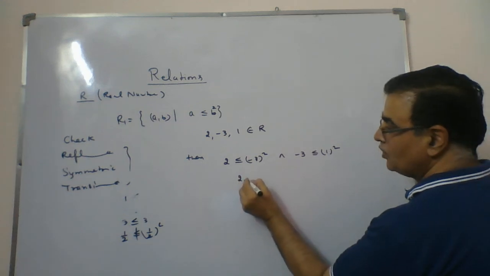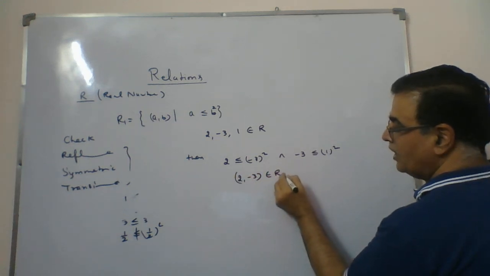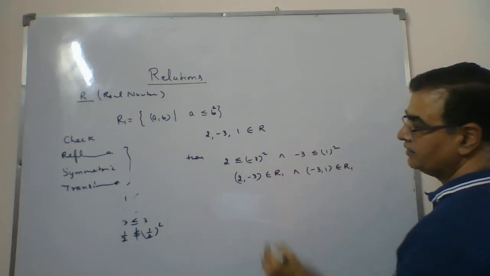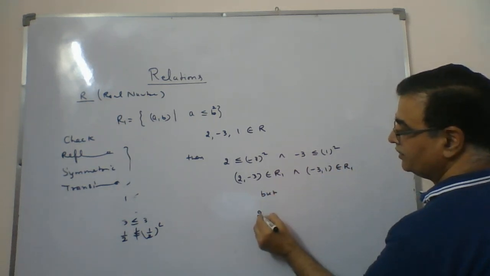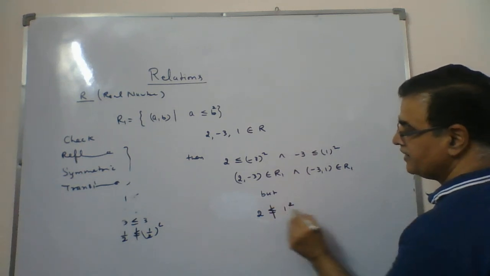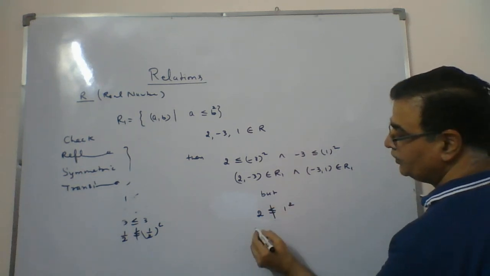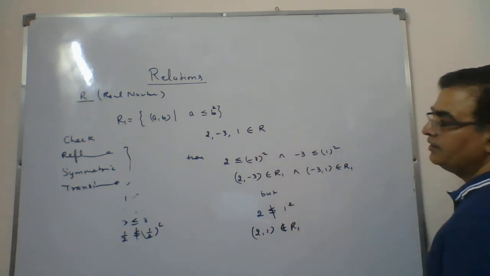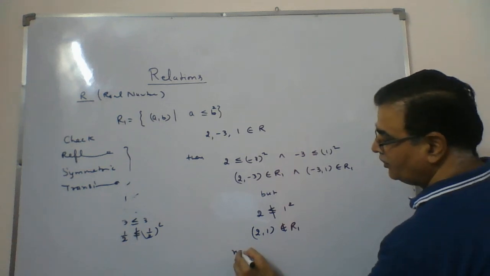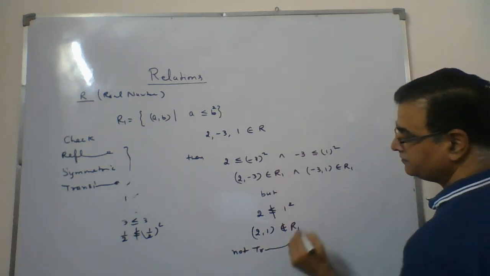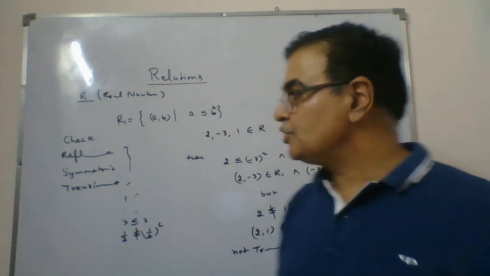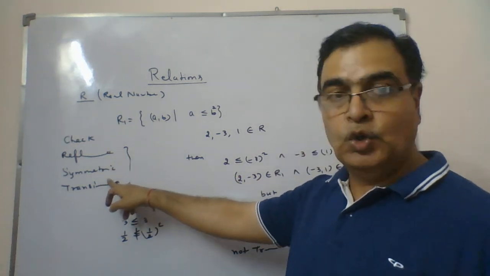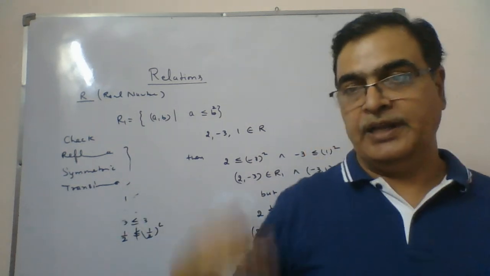So we will say (2, minus 3) belongs to R1, and at the same time (minus 3, 1) belongs to R1. But what you will find is that 2 is less than 1 square is an impossible case. So (2, 1) does not belong to R1. Hence we will say not transitive. And as the relation is not transitive: reflexive, no. Symmetric, no. Transitive, no. Next question will continue.